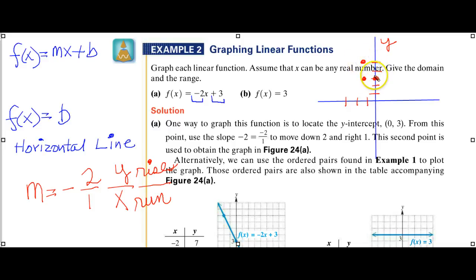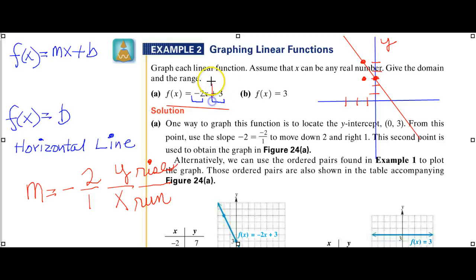So I put a dot there with my tool, put another dot there, and then get my line tool, and then the line forms. And then this is the graph of this particular example. Now below I'm going to show you the other way of doing it, but I think this is a good way of doing it and not having to know too many things.